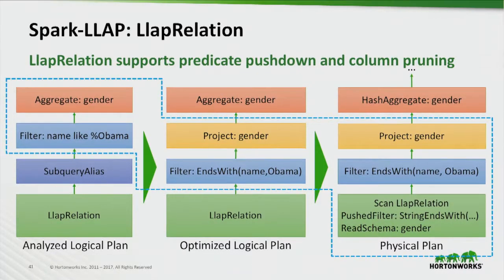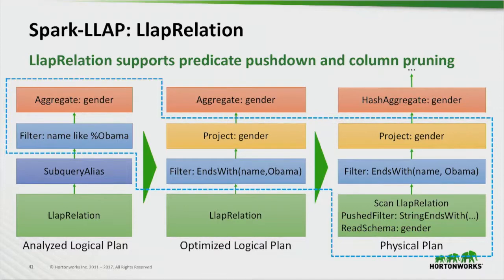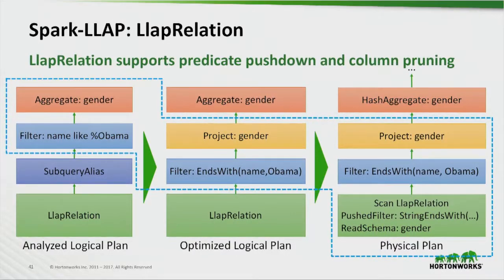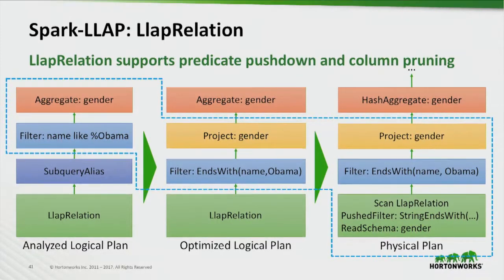The LLAP relation also supports predicate pushdown and column pruning. What that means is that filters and projections from your SQL query will be handled by LLAP. The advantage is that it helps reduce the amount of data returned from the data connector to Spark, and also potentially gives better performance. For example, with column pruning, you may get better performance if the tables are using a columnar storage format.